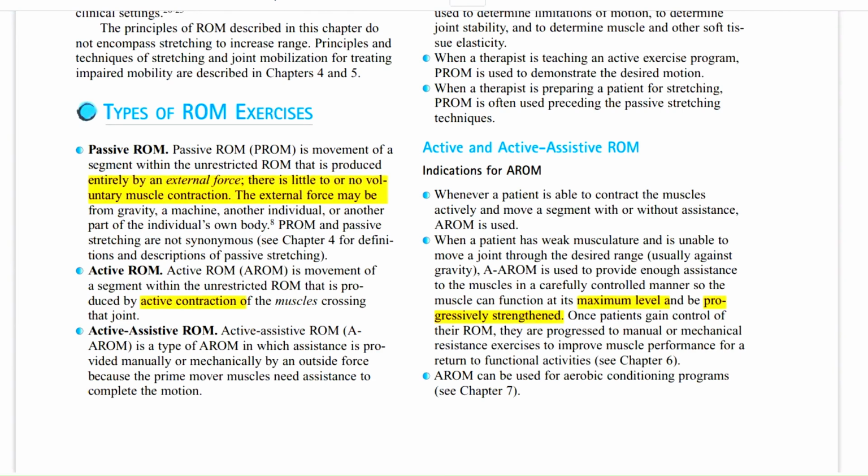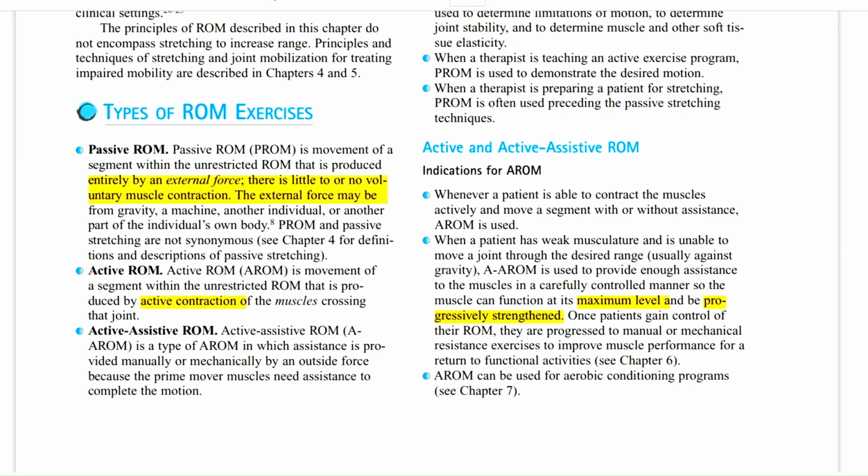So you can provide that with a manual or mechanical device because the prime mover muscles need help to complete that motion. So you can assist them with some kind of external assistance, like a therapist assisting the movement, the patient using their opposite limb to assist, or any mechanical aids like water resistance, elastic bands, pulleys, and so on.